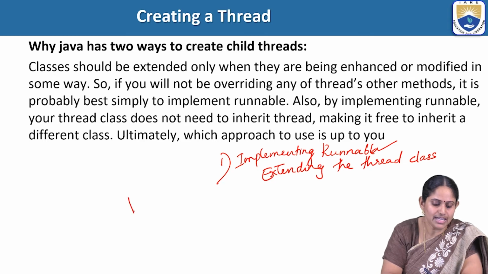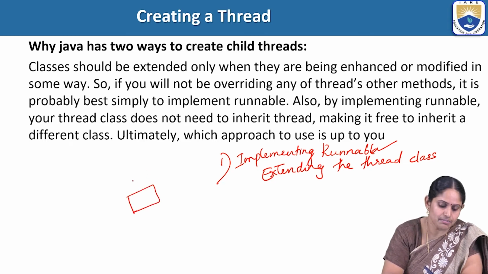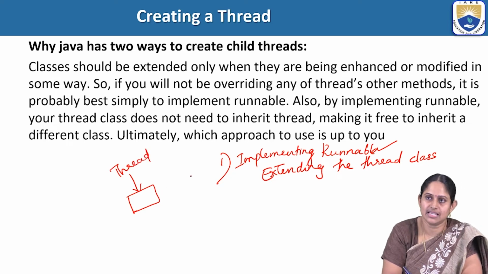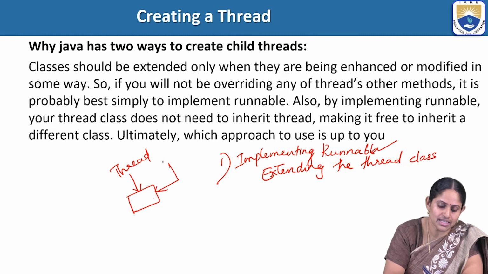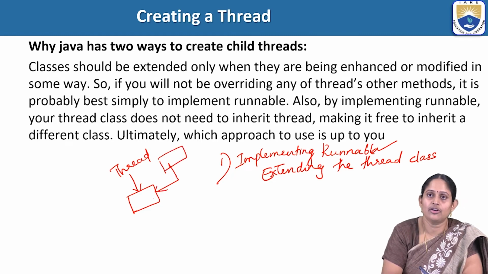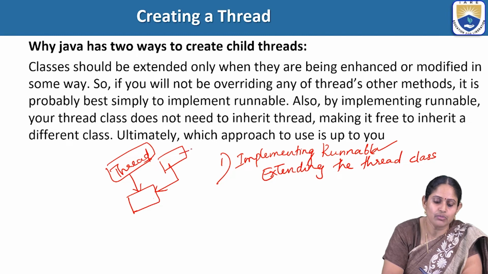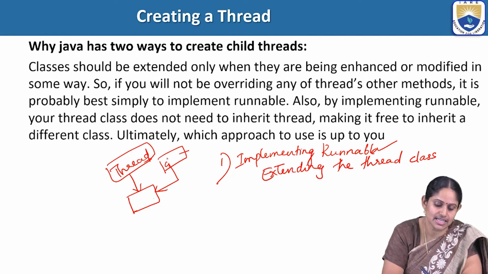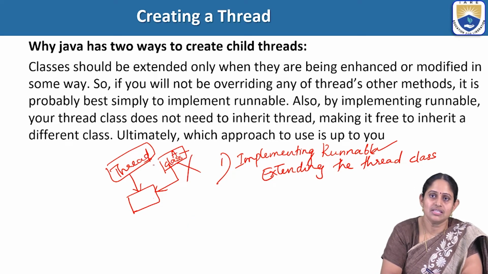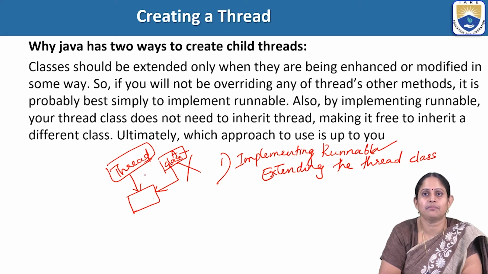If we create a thread by extending the Thread class and this class wants to inherit some property of some other class, this will not be allowed, because Thread is already a class, and now we want to inherit some other class, let's say class A. This is not allowed in Java because this is called multiple inheritance.